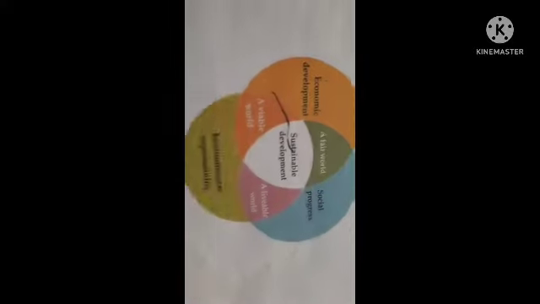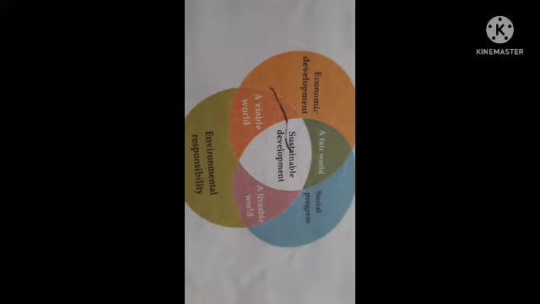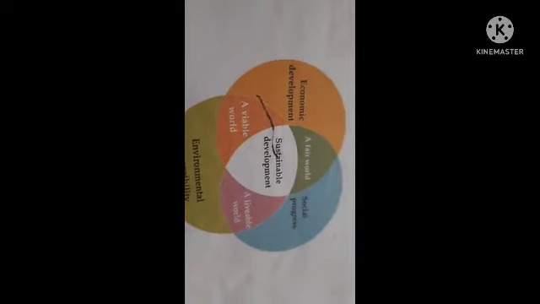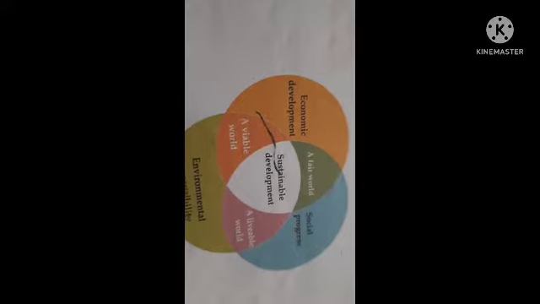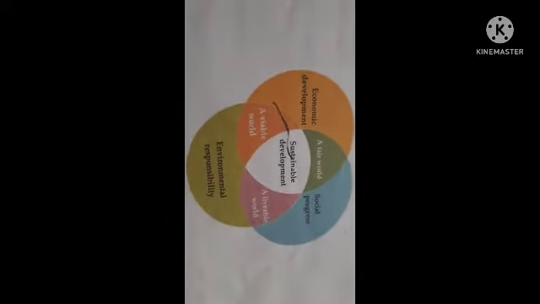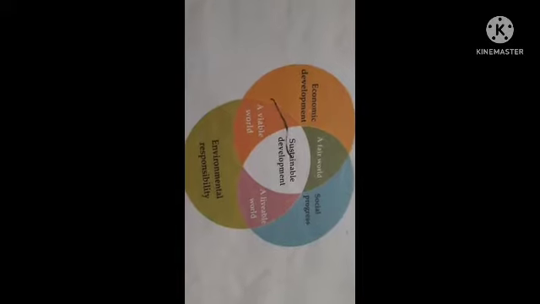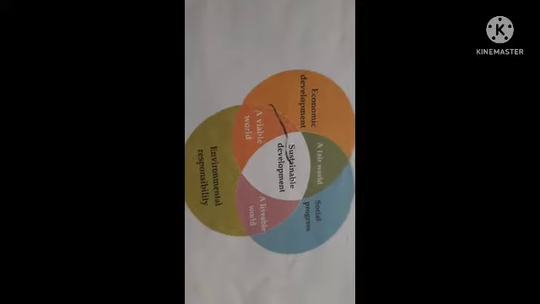Then the next diagram is of sustainable development with natural resources: economic development, fair world, social progress, environmental responsibility. There are these 3 circles, then in the center is how sustainable development exists. That you have to see: economic development, social progress, environmental responsibility.